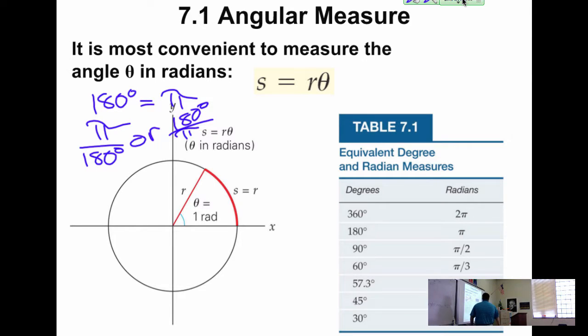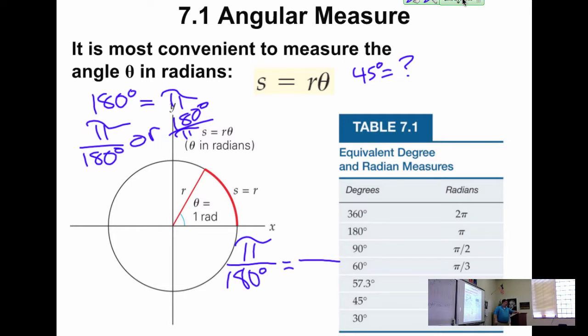So if you were to say, Mr. Adams, I want to know what 45 degrees is in radians, how would you do that? Well, you set up a proportion. I would say pi over 180 degrees is equal to something over something.